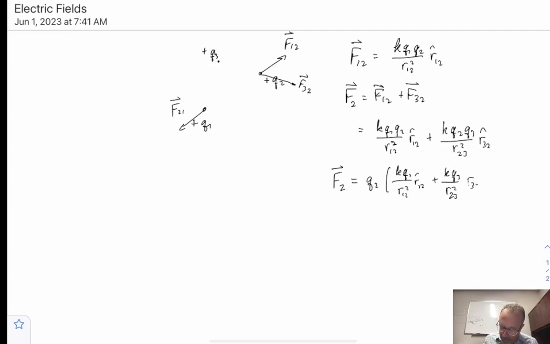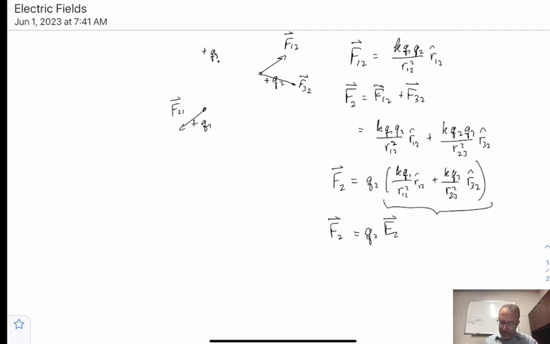And therefore, we define this quantity right here as E2. And that is the electric field from all the other charges at the location of charge 2.